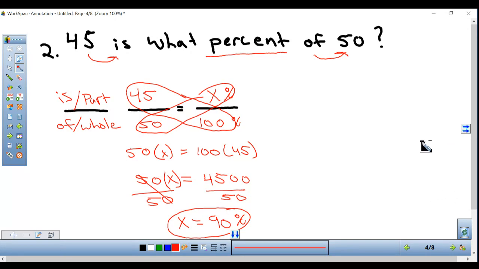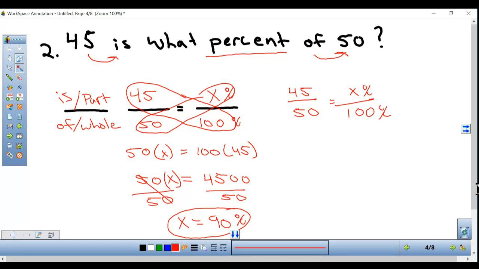Another way we can look at this is using factor of change. So I'm going to rewrite my proportion and see if I can figure out what the factor is. I have 45 over 50 equals x percent over 100%. Now, I could use cross products, or go from 45 to 50 or 50 to 100.